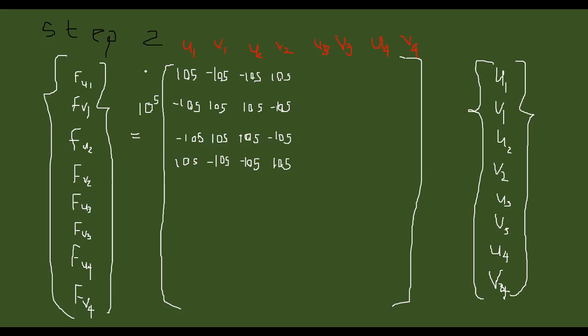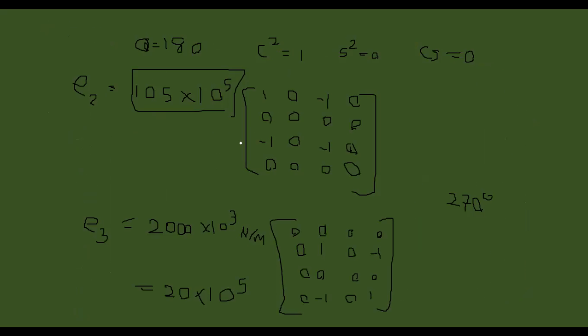So now we are going to consider element 2, right? For element 2, 105 will be there, so only these 4 will be 10 to the power 5, with 0, likewise.